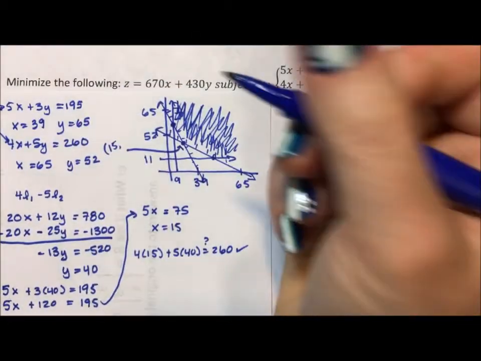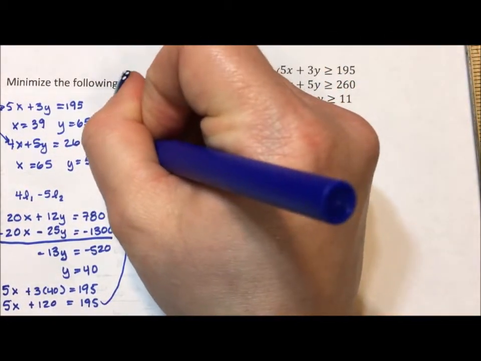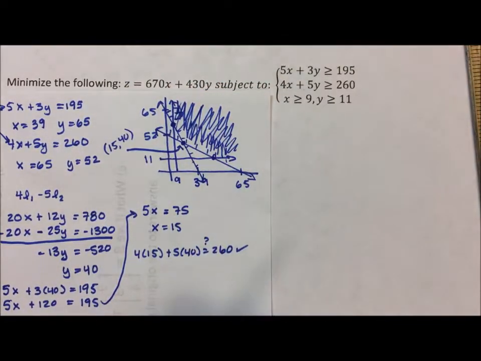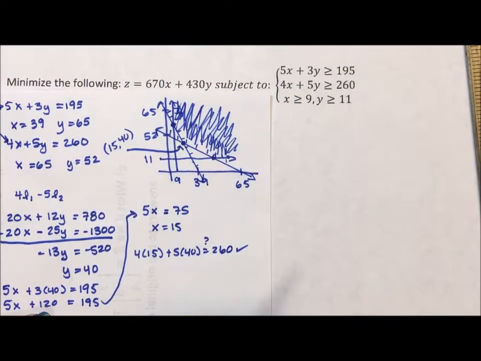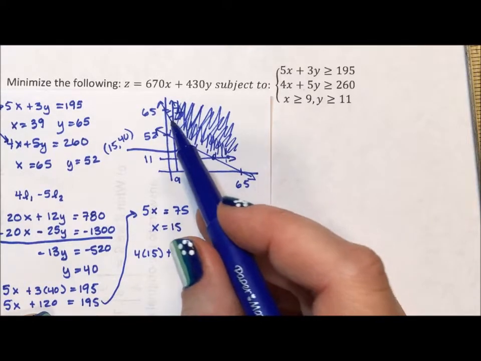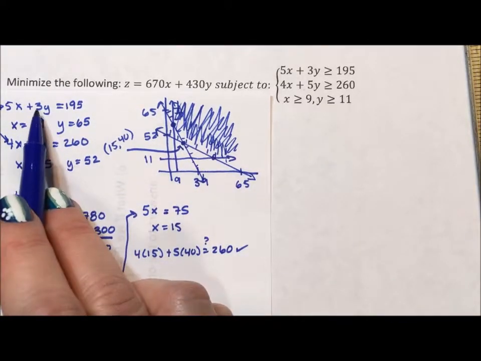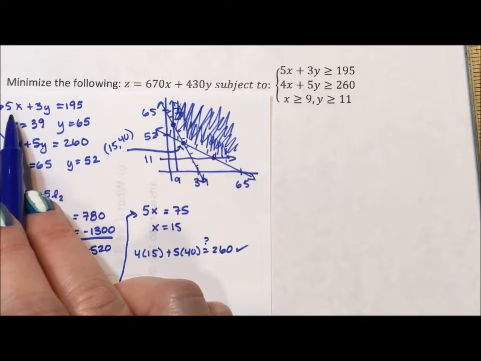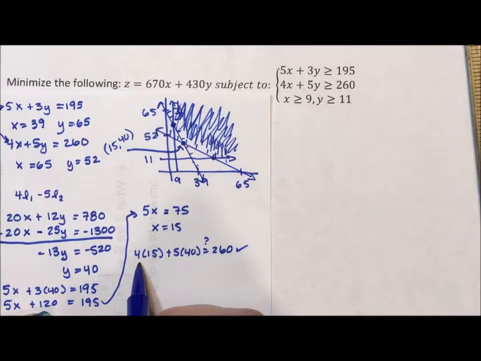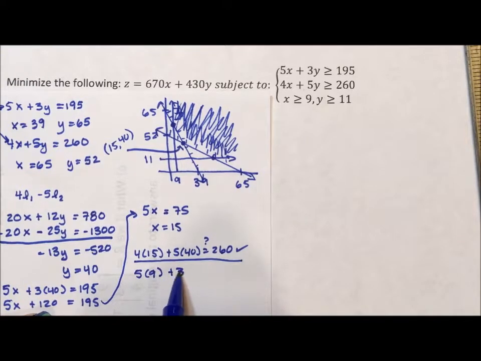So this point right here is 15, comma, 40. To figure out the other two is a little bit simpler because for x equals 9, all we need to do is put 9 in for x and figure out what y is. So if I take 5 times 9 plus 3y equals 195, 45 plus 3y equals 195, so 3y is equal to 150.